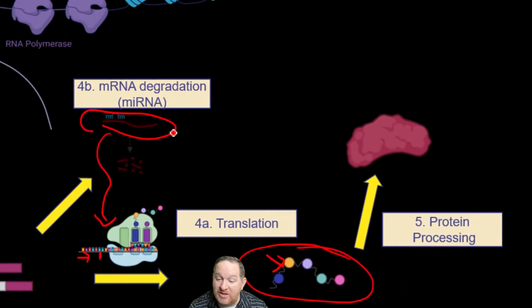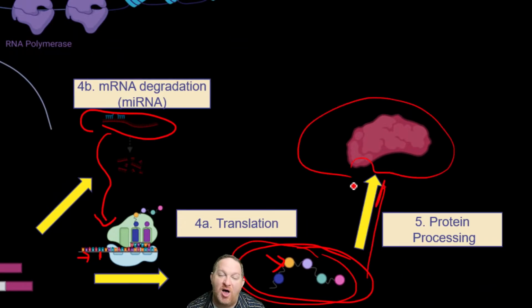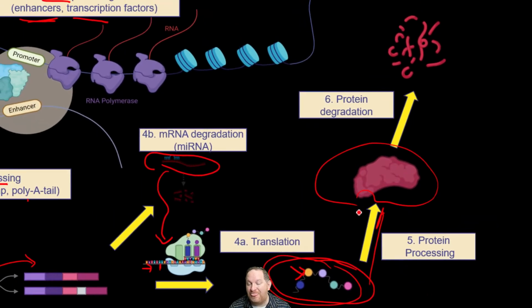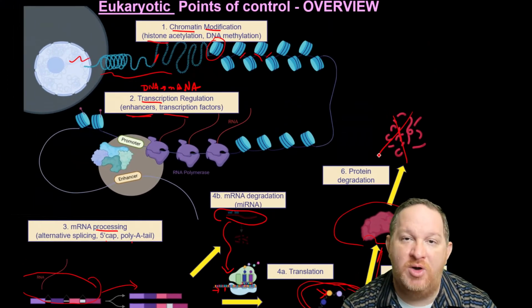Then, once we have made this polypeptide, that needs to be processed into the sort of three-dimensional shape of the protein. Lots of points of control there as well. And then in the end, if we no longer need the protein, in this case I've been using insulin all along, so if insulin's been made, then we no longer need it, we can signal for the degradation of that protein. All right, so here's what I want you to take away from this slide.